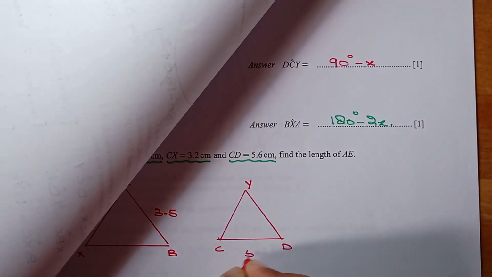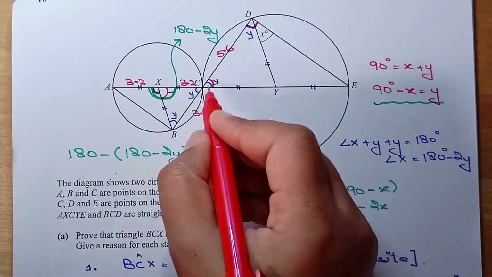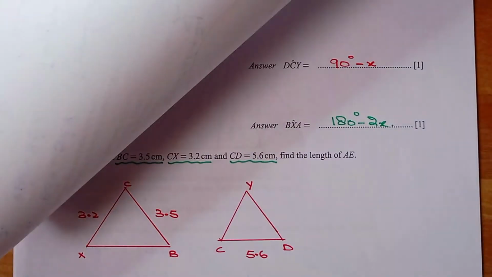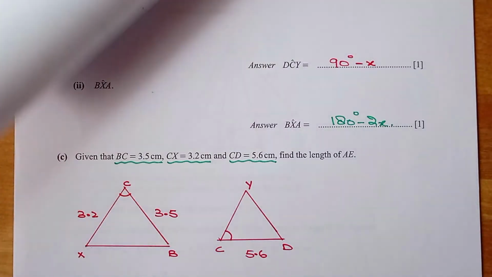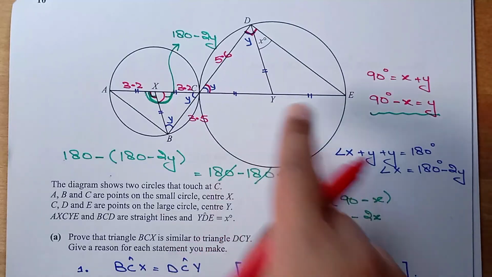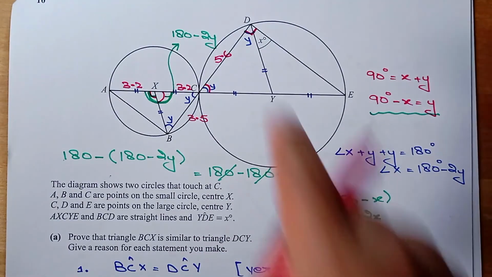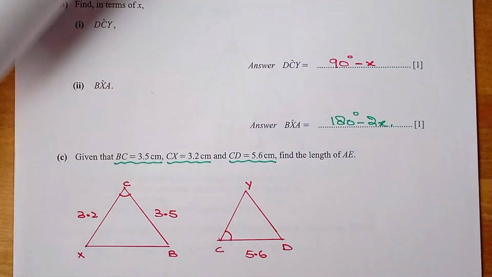The angle at C is the same in both. We need to find CY, or we can find DY as well because these are radii and they are the same.